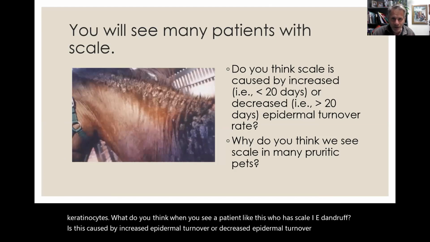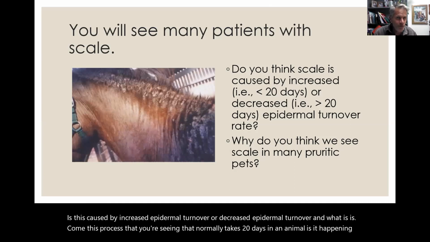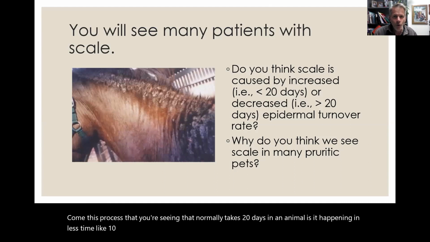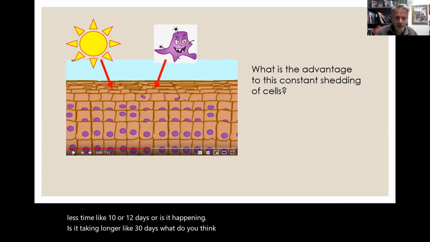And what I mean is, this process that you're seeing that normally takes 20 days in an animal, is it happening in less time, like 10 or 12 days, or is it taking longer, like 30 days? What do you think? Again, this process here, right?